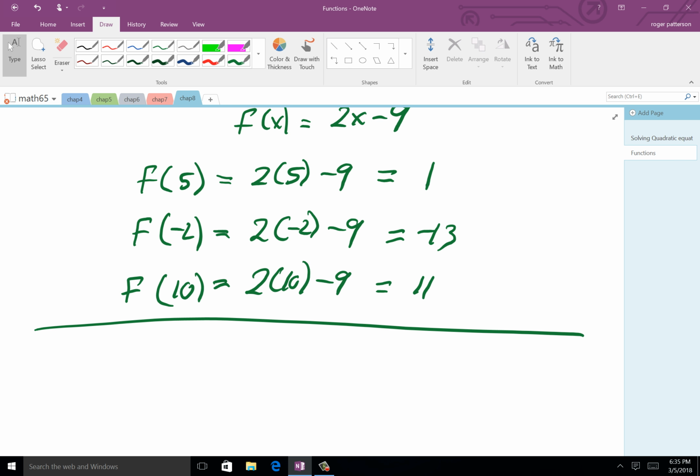Let's look at this one. What about this one? Let me see if I can get to 2. Pretty dang close. Let me put 2 in there. Oh, it was worth a shot.